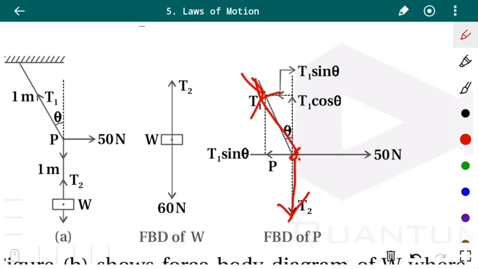Now because it is neither in the horizontal nor in the vertical axis, we need to take the components, and here we know that this tension T1 makes an angle theta with the vertical axis.